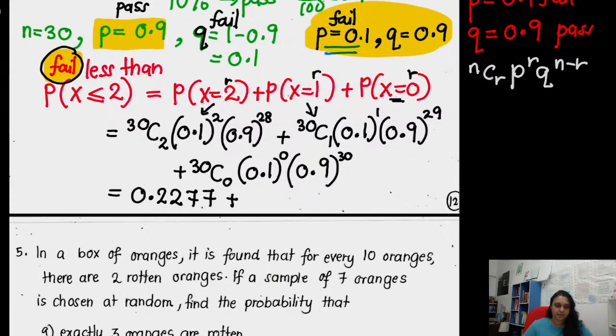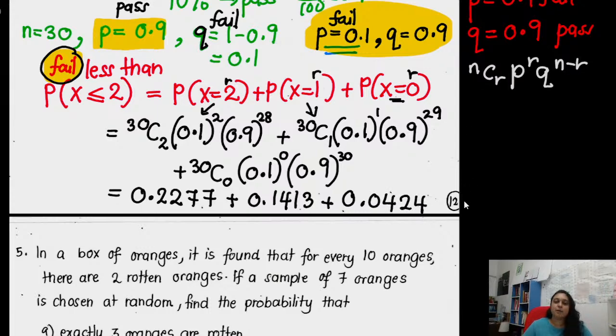Okay, next one. 30 C 1 darab 0.1 kuasa 1 darab 0.9 power 29. 0.1413. Okay, last one. 30 C 0 times 0.1 power 0 times 0.9 power 30. 0.0424.